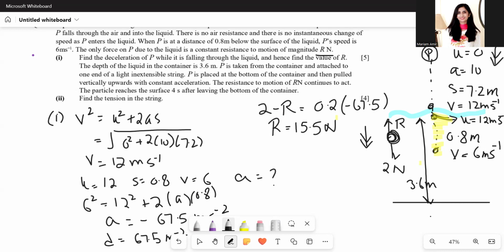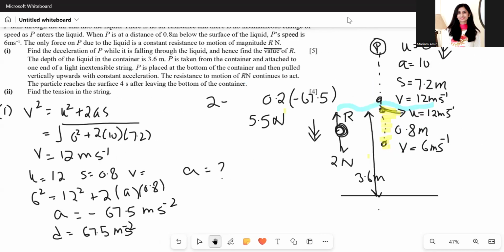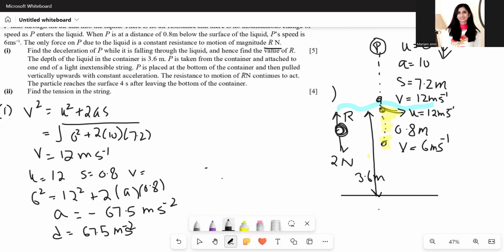Okay, so now the string is being pulled upwards. There's a string at the bottom of the container and it is being pulled up. So as it's being pulled up, there's going to be an upward force, tension.